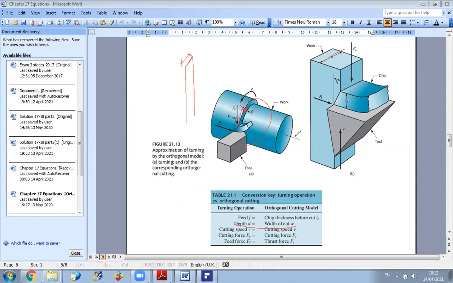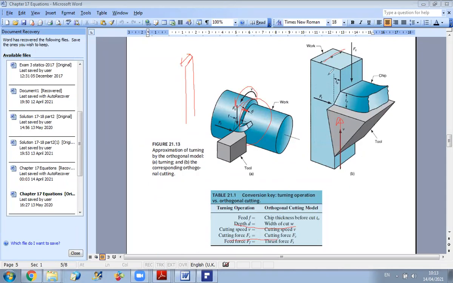Now, for the cutting speed, here in this case it is the velocity of the advancing tool, and here it will be the velocity of rotation v. Concerning the other parameters, the cutting force is the same.